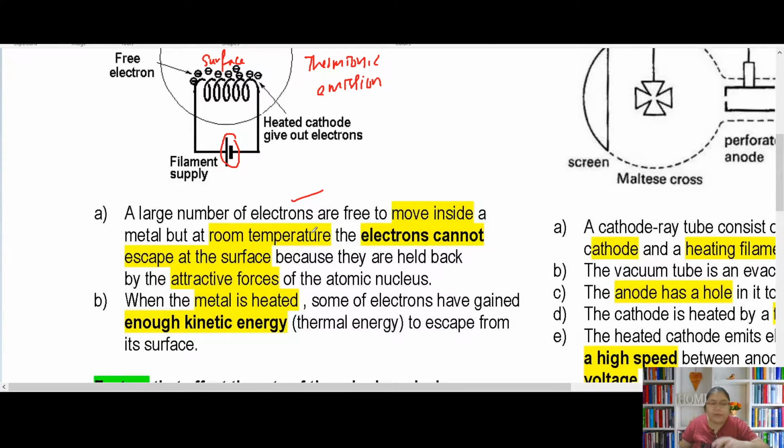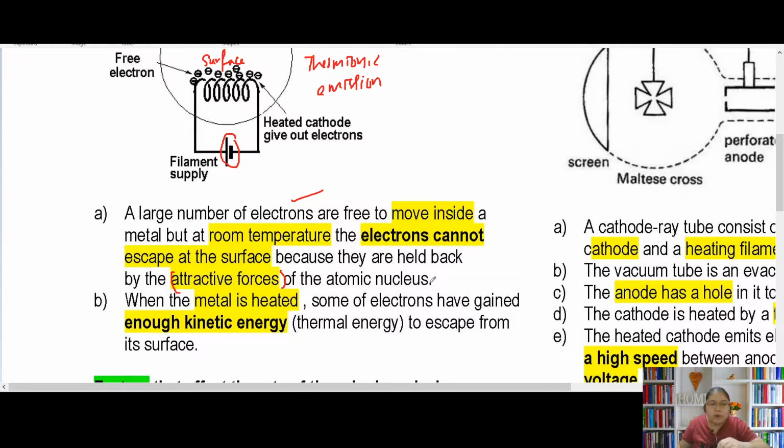That happens during room temperature. The electrons cannot escape from the surface because they are held back by the attractive forces of the atomic nuclei. That means there is still a force pulling them back. They still cannot go outside. So this is normal room temperature.